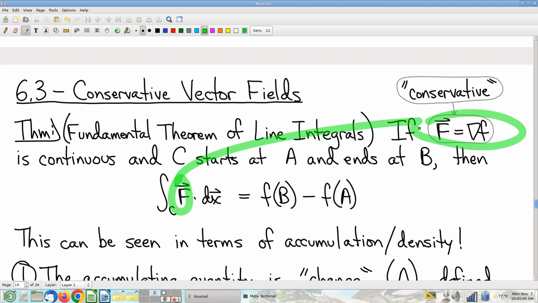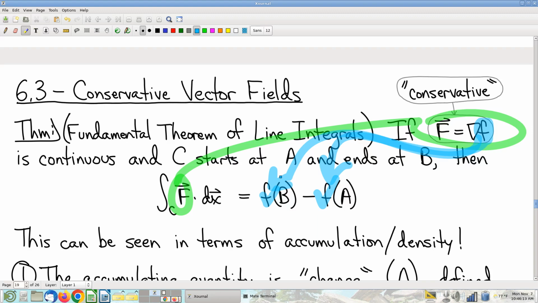Non-negotiable. This is not a mathematical formality. It's got to be a gradient, if only for the fact that the thing that it's the gradient of plays a massive role in how to compute the right-hand side. I need to know this anti-gradient to even be able to use the right-hand side. So again, it's not that the right-hand side is unequal to the left if F isn't a gradient.